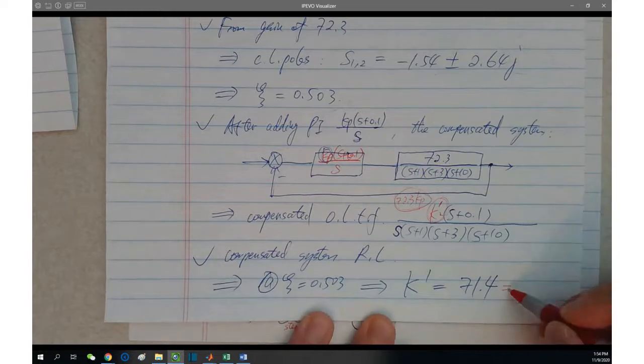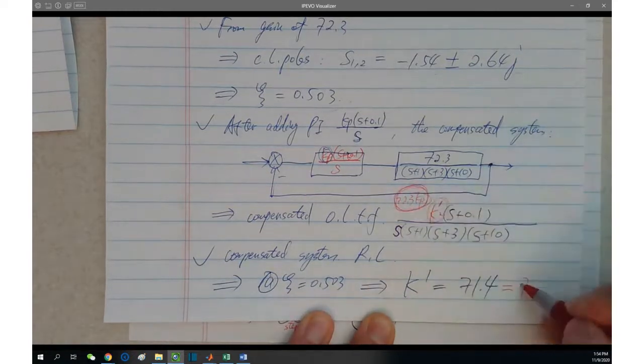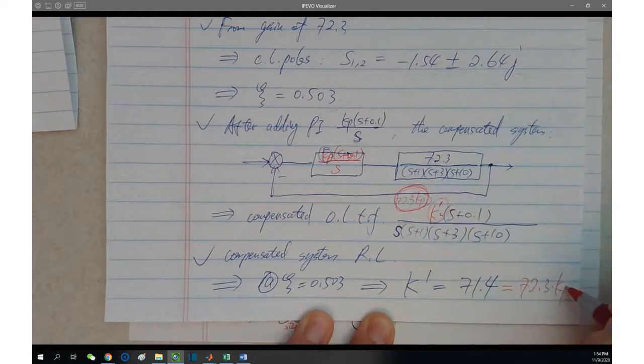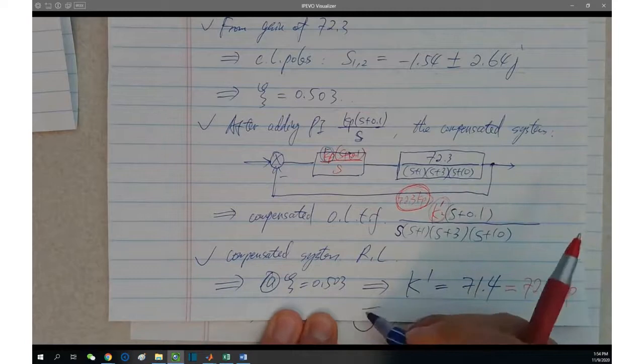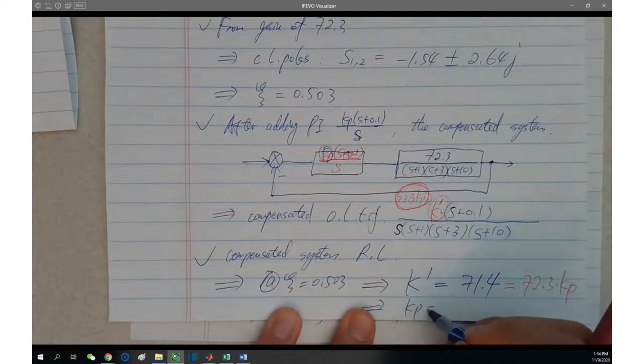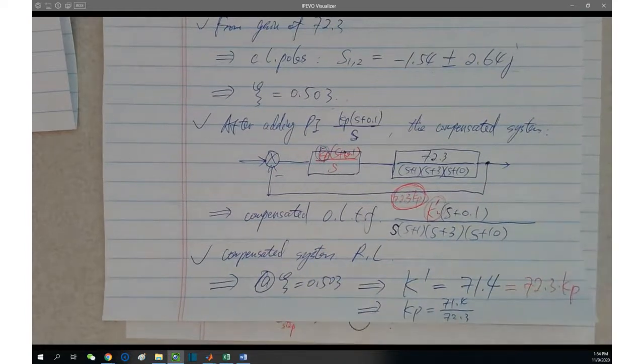This guy equals nothing but what is here. And from which we immediately find KP: that's 71.4 divided by 72.3. Whatever it is, it's lower than 1, but that makes sense.